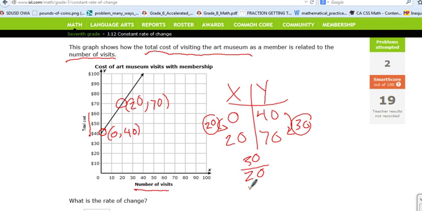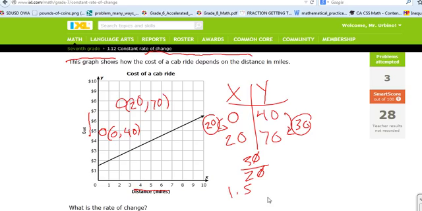So our slope is 30 divided by 20, or 3 divided by 2, 1.5 again. So what this means is we're going to spend $1.50 per visit.